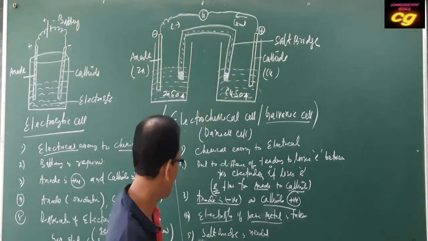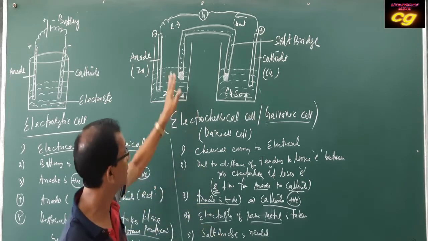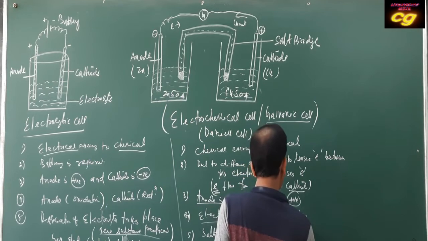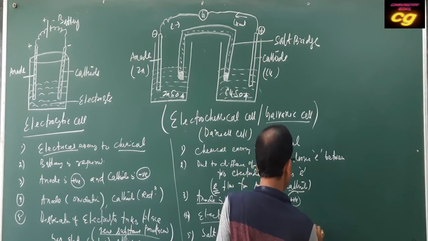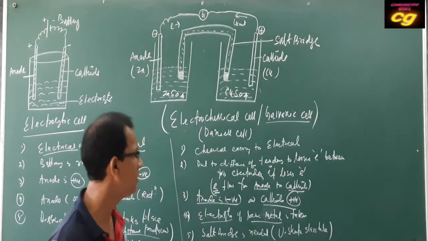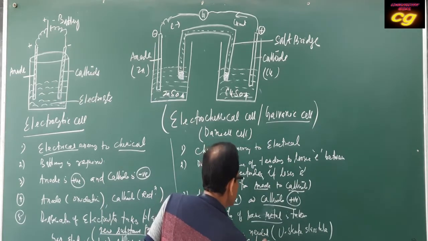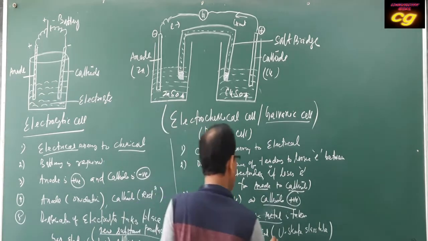Salt bridge is a U-shaped glass tube containing inert electrolytes.